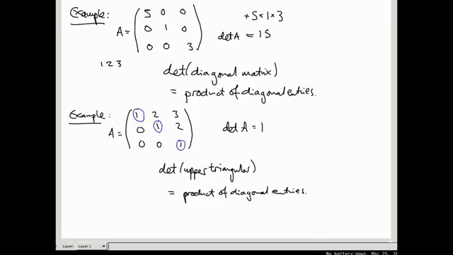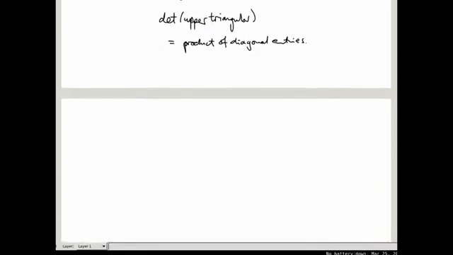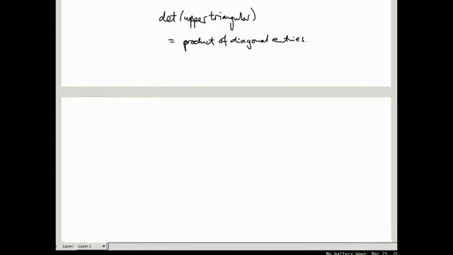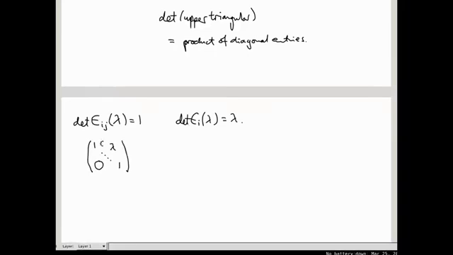Some important corollaries of this, which we're going to use heavily later, are that if we take the elementary matrices Eij lambda and Ei lambda, they are going to have determinant 1 and lambda respectively. Why is that? Well, remember, Eij lambda has 1s on the diagonal and it has a lambda somewhere off the diagonal, either above or below, and everything else is 0s.